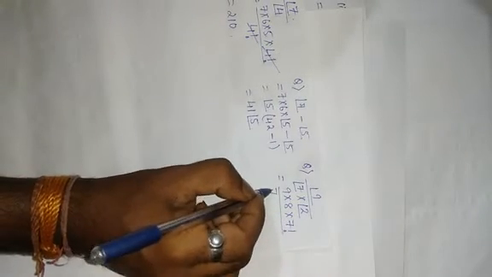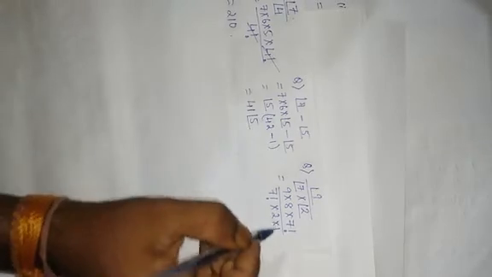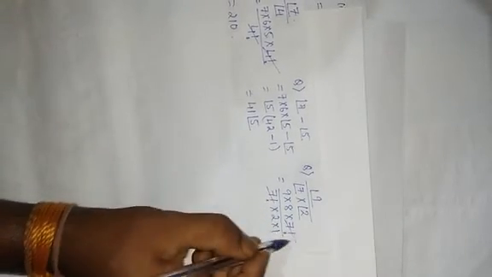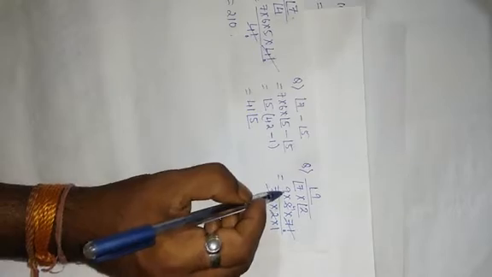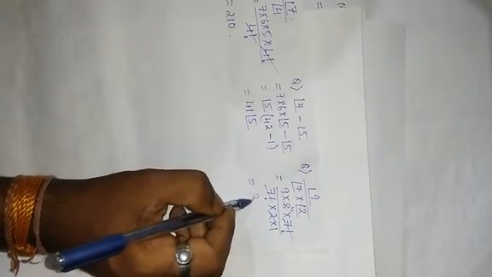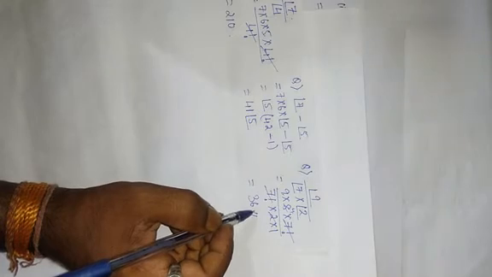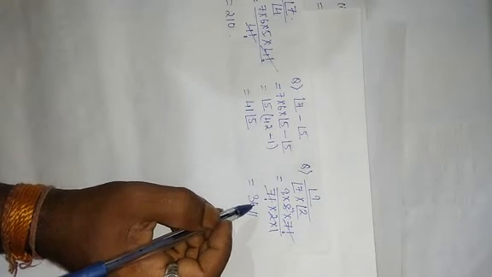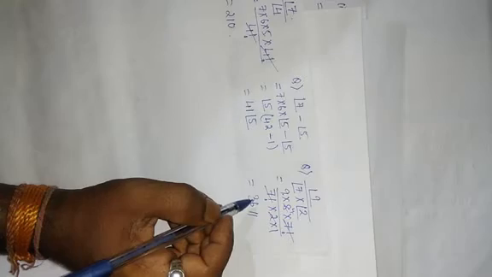So let me keep it 7 factorial like that. 2 factorial can be written as 2 into 1. So this 2 gets cancelled. 2 4s are 8. So it becomes 9 4s are 36. Okay student. So this is a simple numerical based on factorial notation.